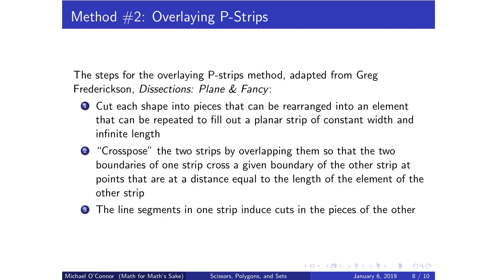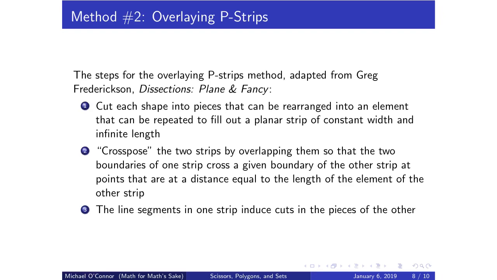So this is a strip method, which there are also variations of. This one involves you take each shape and you cut it into pieces that you can then arrange to fill out an infinite strip of constant width. You do that to both of the shapes you want to make a dissection between. Then you do what's called cross-posing those two strips.